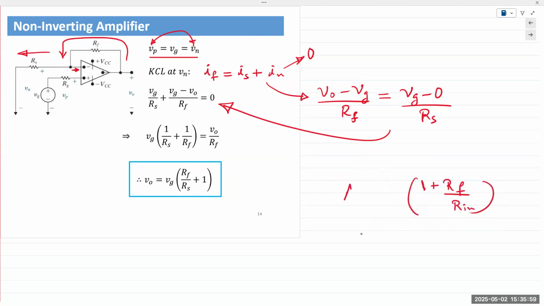So gain AV is equal to this. R in is the same as RS. So the gain for an inverting amplifier is minus RF over RI. The gain for a non-inverting is 1 plus RF over RI. Okay, 1 plus RF over RI. And that's the non-inverting amplifier.